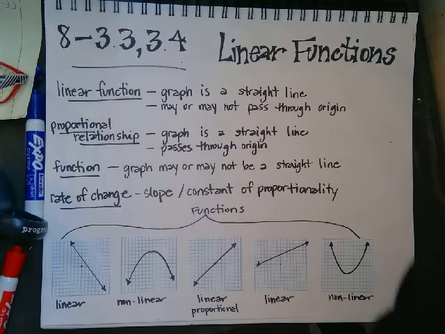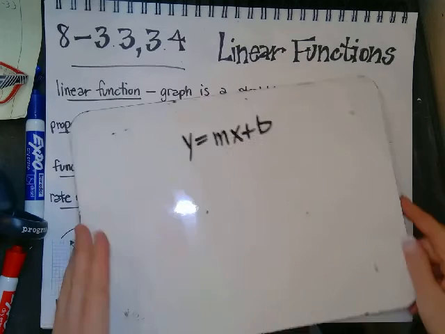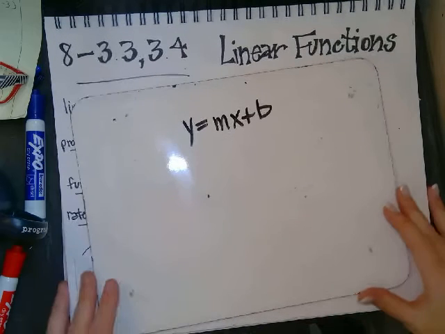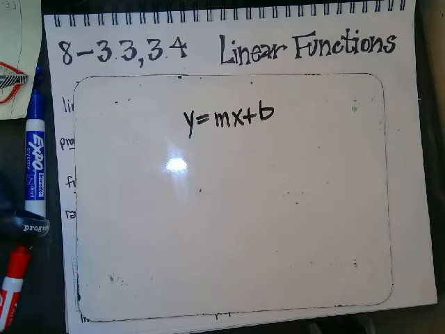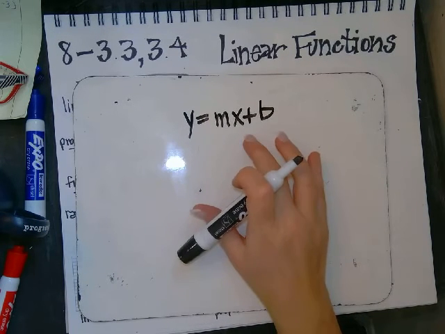Okay, so let's do a problem together, you guys. So I am looking at number 4 on page 192. And number 4 on page 192 is asking you to take y equals mx plus b and write a function in this form.